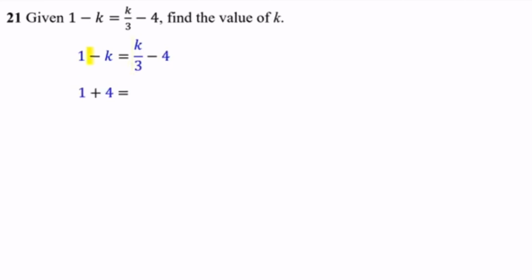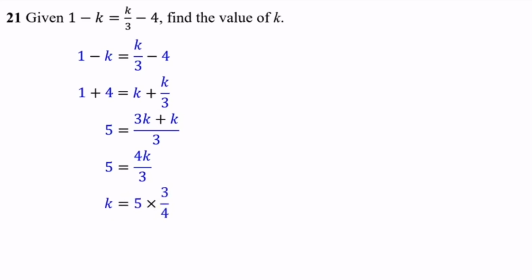So you have k over 3 plus k, because you shift the negative k to the right, so it must be plus. Okay, so 5 is equal to 3k plus k over 3, make the denominator the same. Then you cross multiply, 4k is equal to 15, so k is 15 over 4. That is the answer for the value of k.